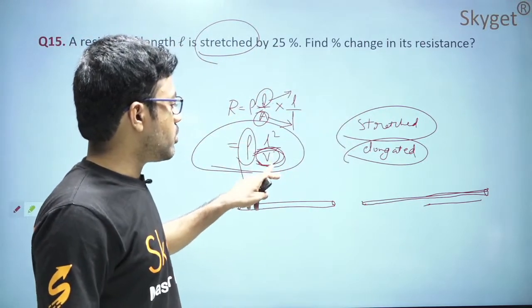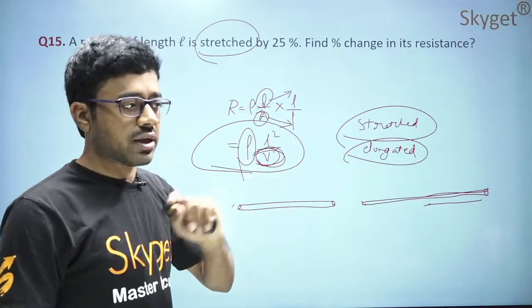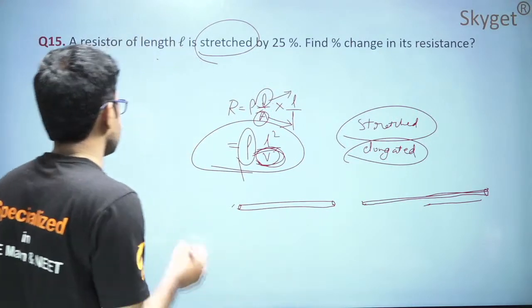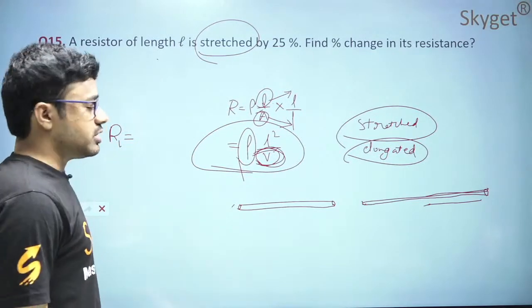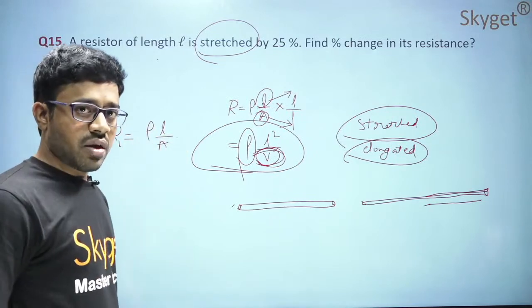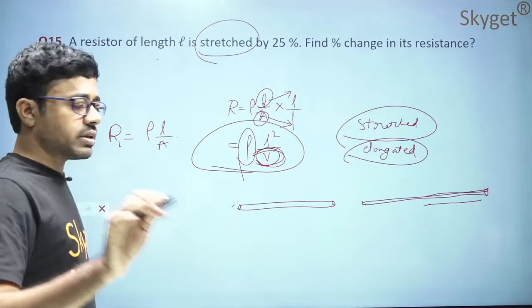So you have made the volume constant, and it is rho L square by V. Here you have to consider L square, not simply L. It is 25%. First let us write the value of the resistance when it hasn't been stretched. It is obviously rho L by A. When it is stretched, its length increases, the area of cross section decreases, and its volume remains constant.